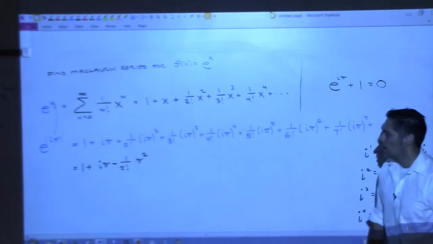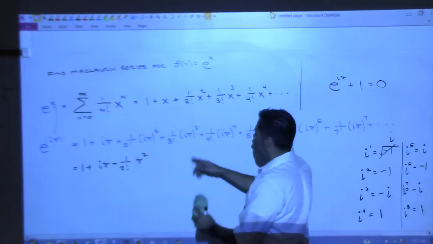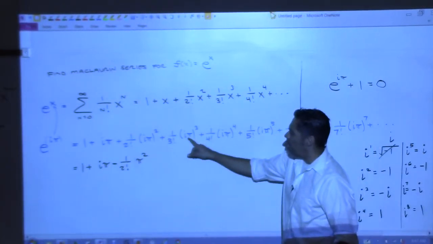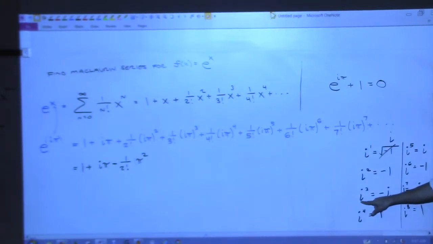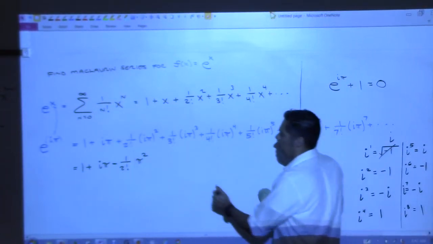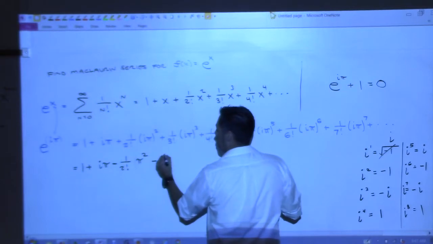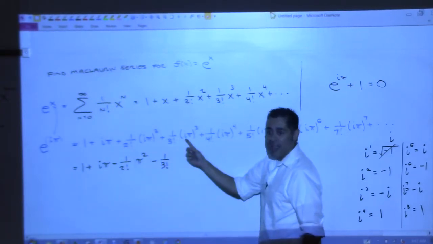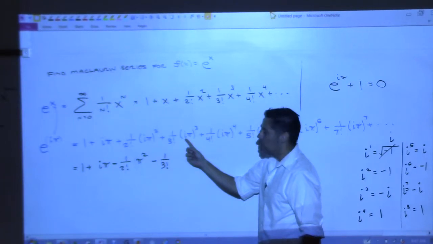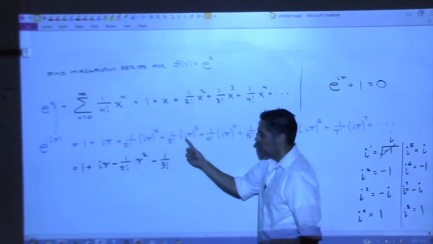Understand? Okay, now, when we do the next one, i cubed, pi cubed, the i cubed turns out to be what? i cubed, -i, right? So this is going to become -1 over 3 factorial, because i cubed is -i, right? So do you agree? I still have an i there. Yes?